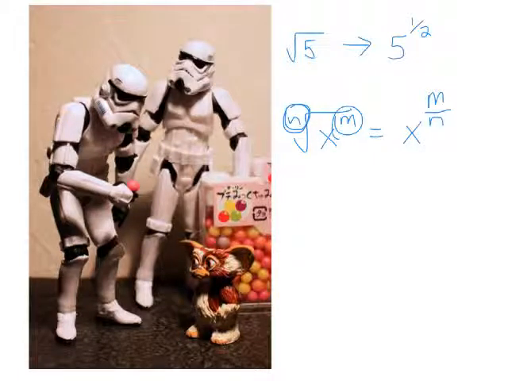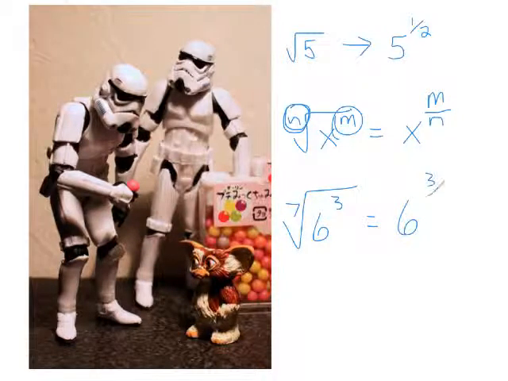So if I was taking the 7th root of 6 to the 3rd, I could write that as 6 to the 3/7. That's going to be useful in the first example we're going to look at.